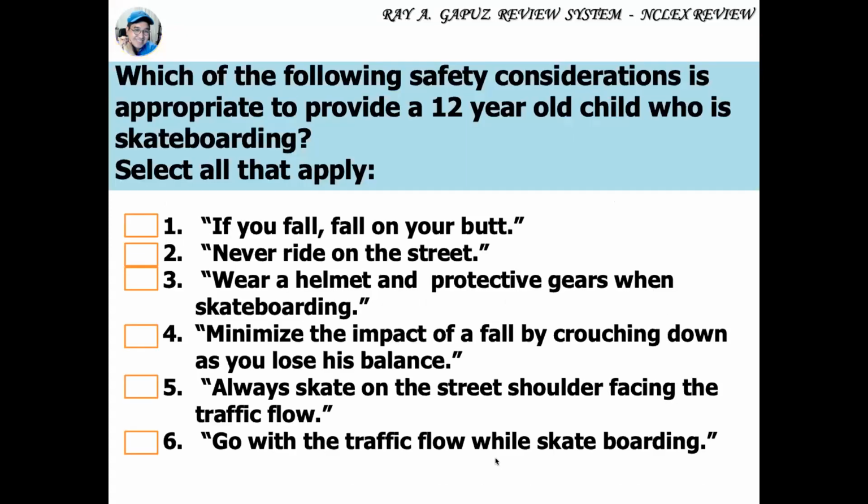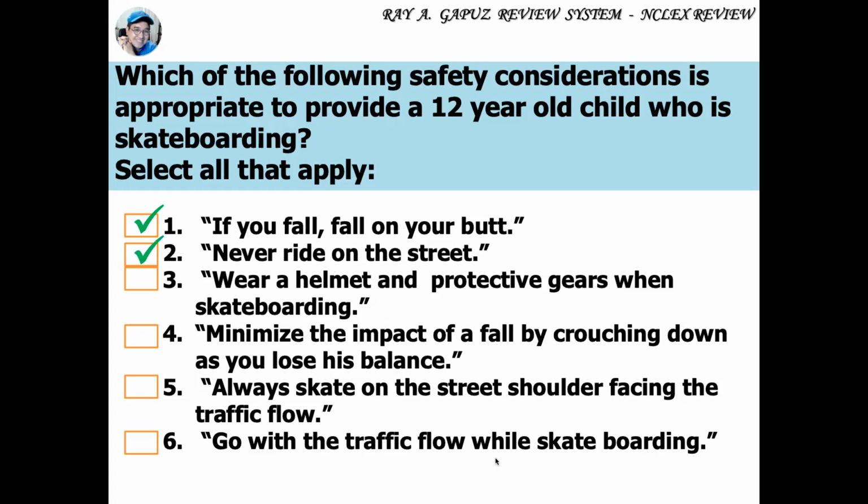Now, which of the following safety considerations is appropriate to provide a 12-year-old child who is skateboarding? Select all that apply. Number 1, if you fall on your butt. Yes or no? Is a yes. Next, never ride on the street. Is also a yes.